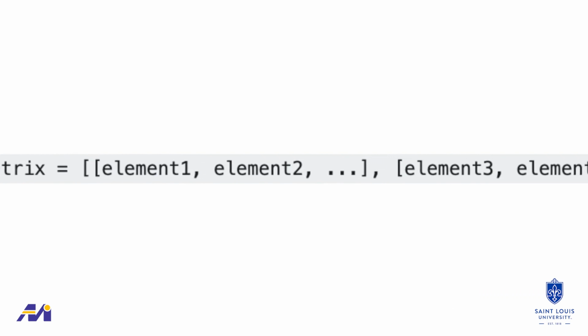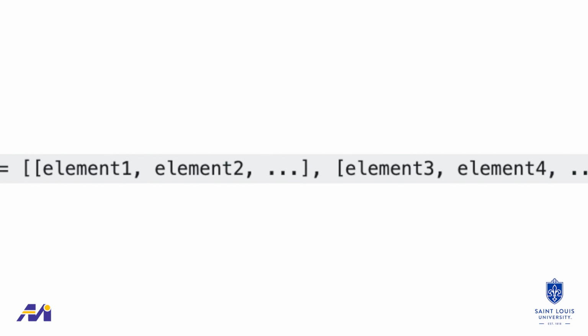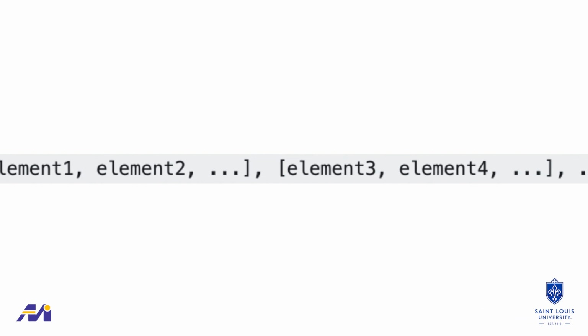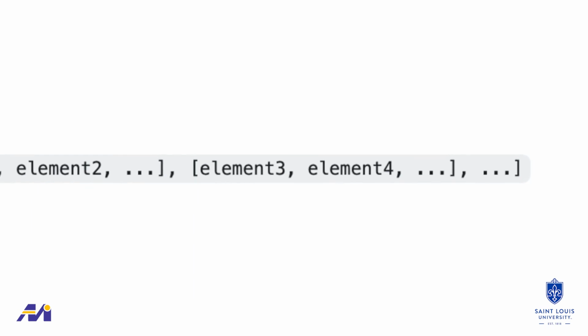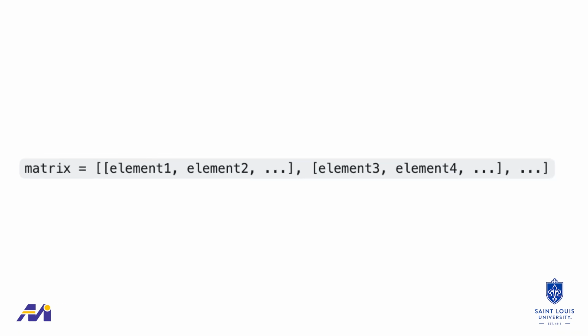Here, matrix is the name of the 2D list. You can choose any valid variable name you prefer. Element 1, 2, 3, etc. These are the individual elements within the 2D list. They can be any valid Python data type, such as numbers, strings, or even other lists.